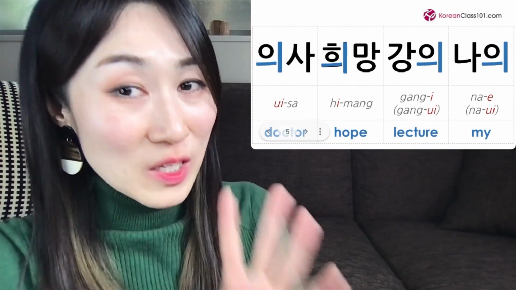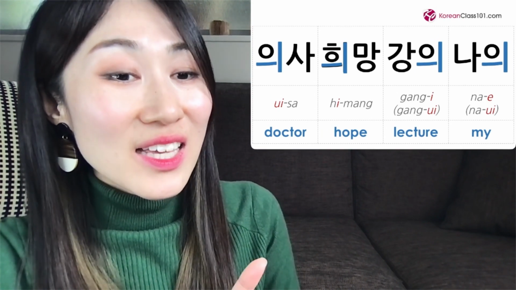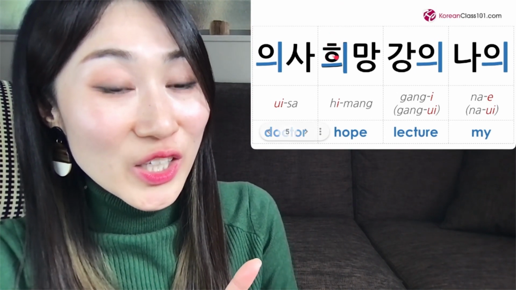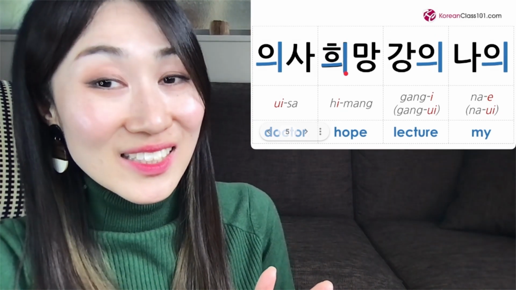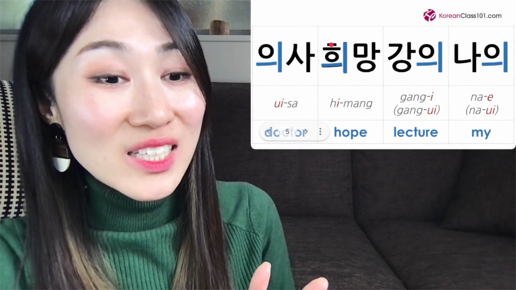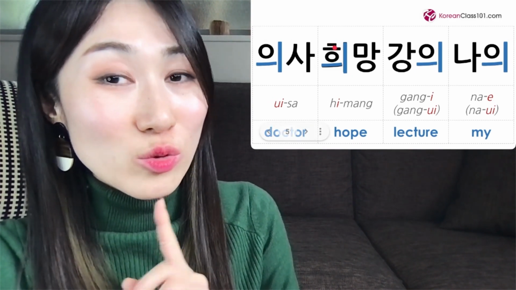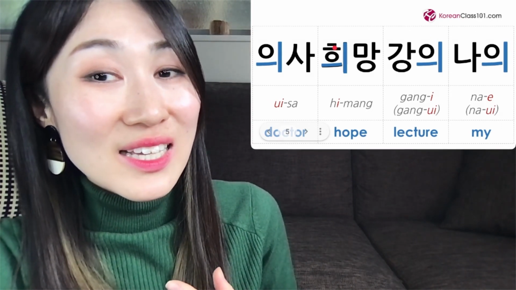Yes, the sound is different. Why? If there is any consonant here, then the pronunciation becomes ㅣ. So now there's an H sound. Here is more like an H sound. So there is some consonant. So it's not 희망, it's 히망.